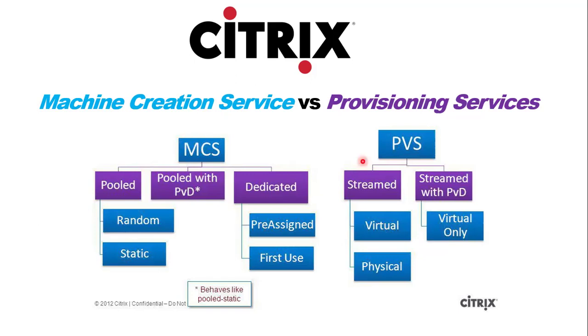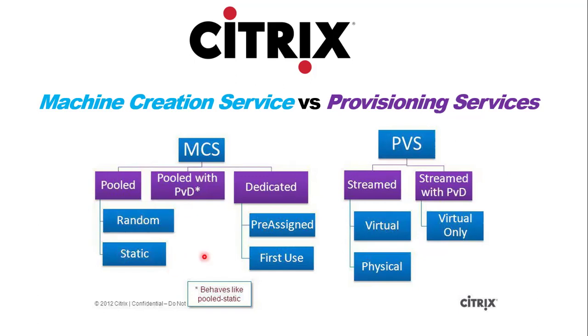Now PVS is the older one, right? But now MCS came into the market, and the benefit of MCS is that you can provide random and static VDI both. In PVS, you can only provide the random one, meaning whatever device is available, the user can use it. But in MCS, you can provide both random and static.